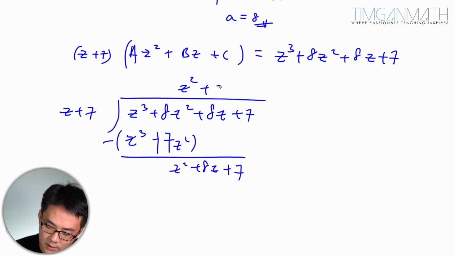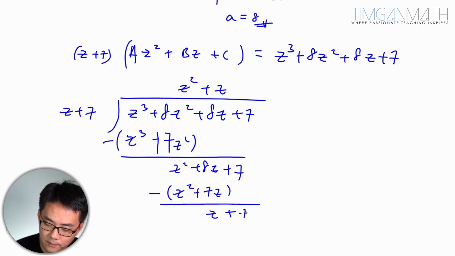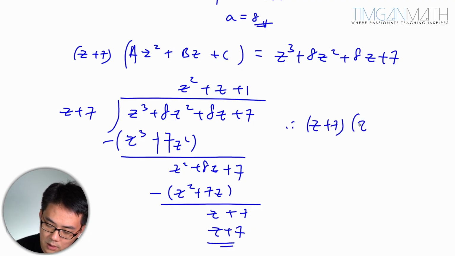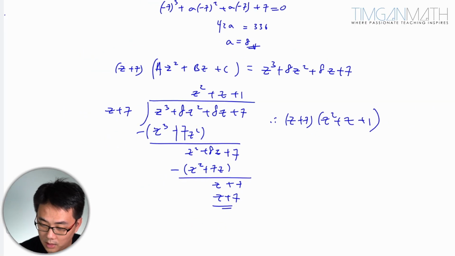So this is plus z minus z plus 7 plus 1. Okay, so hence, then key in calculator.